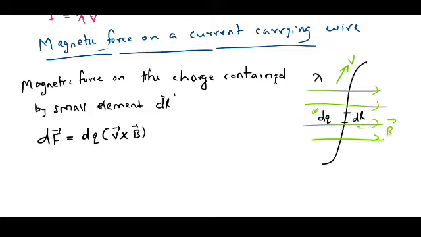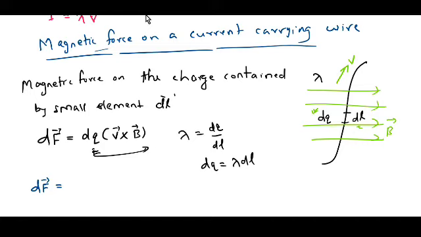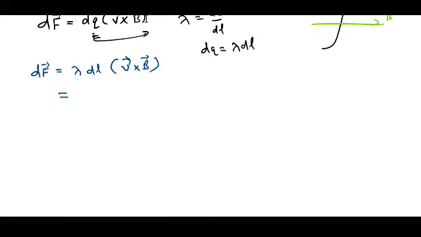Here, dq is the charge contained by the small length element dl. The dq can be replaced using lambda is equal to dq by dl, so dq can be written as lambda dl. Thus dF can be written as lambda dl into v cross B. Here I write lambda and v together, that is lambda v cross B dl.